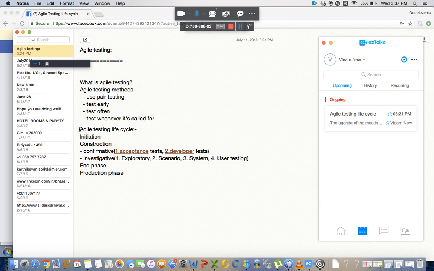Next we are going to see about the Agile testing life cycle. So Agile testing life cycle has different phases. First is initiation phase. The second phase is the construction phase. The third phase is the end phase and the fourth phase is the production phase.